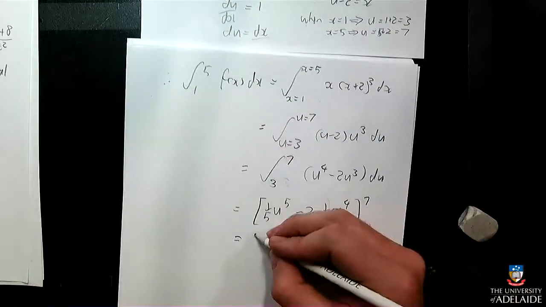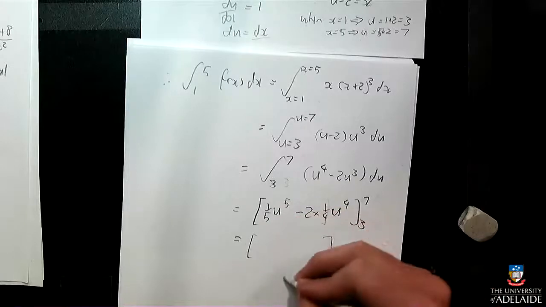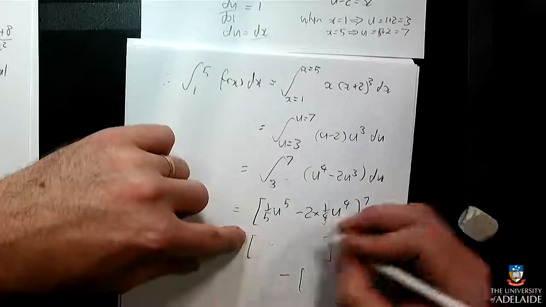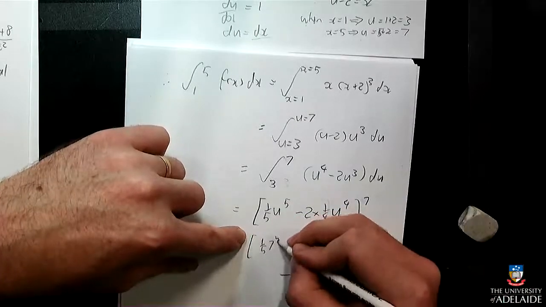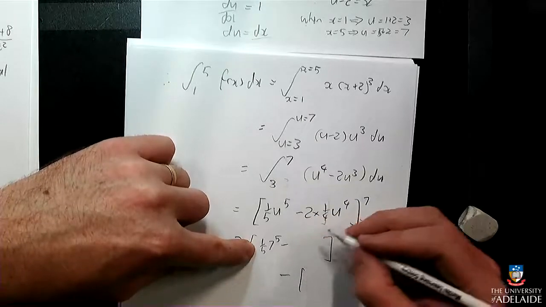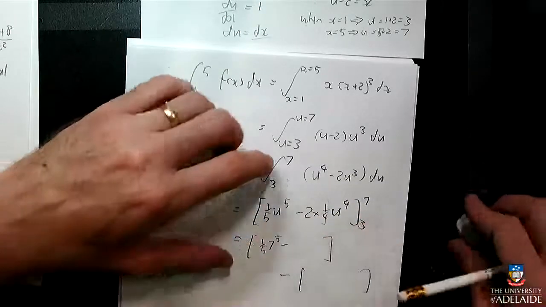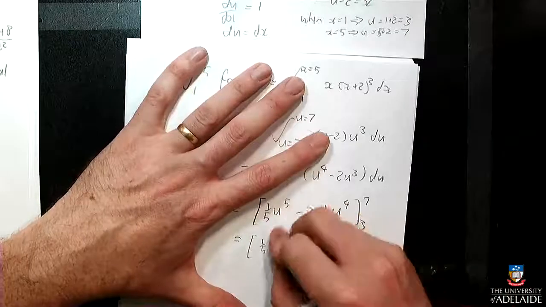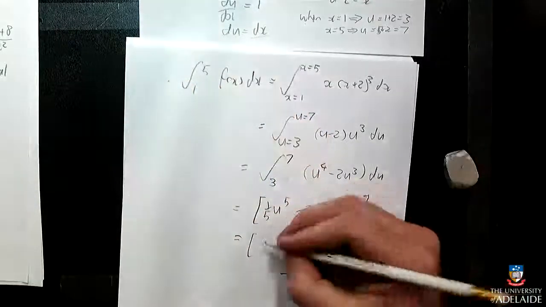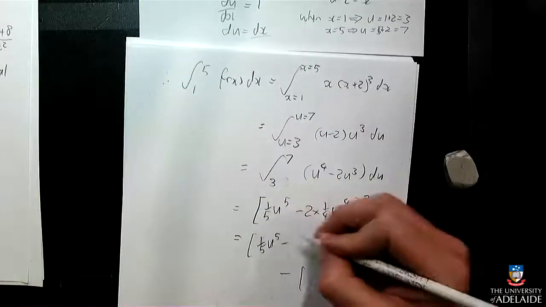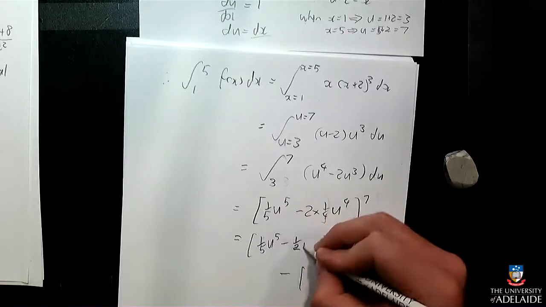Okay, so we have to work out what it is when we have 7. It's 1/5 of u to the 5 minus a half of u to the 4.